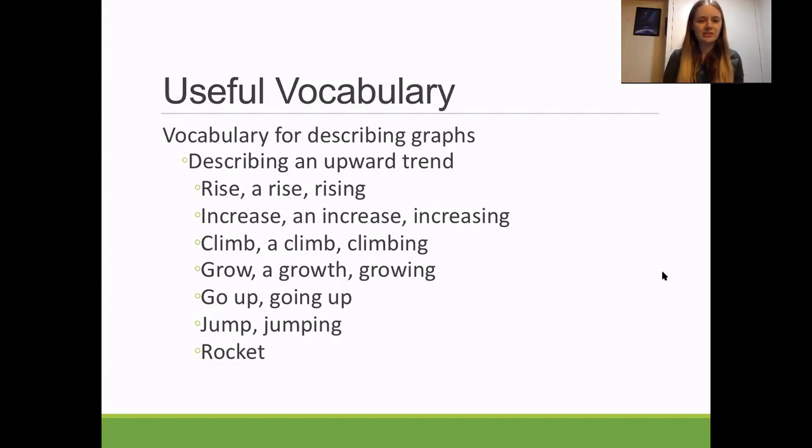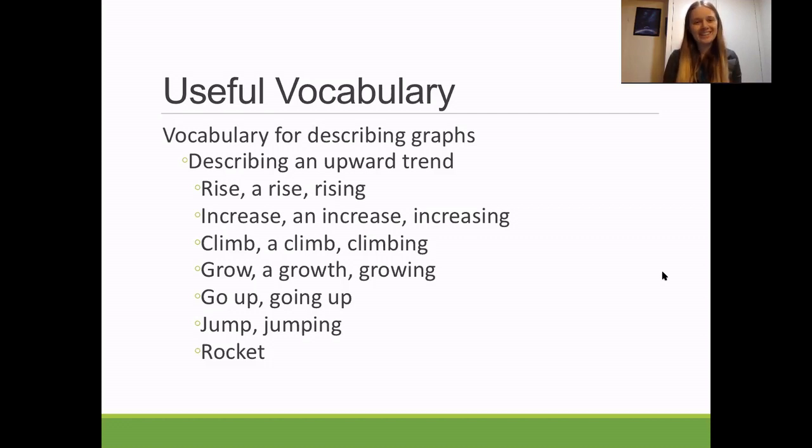There are different choices for using even the same word. You can say increase, or there was an increase, or it was increasing, it increased. Climb, a climb, climbing. Grow, a growth, growing. Go up, going up. Jump, if it happened quickly. You can say there was a jump in the numbers, or jumping.